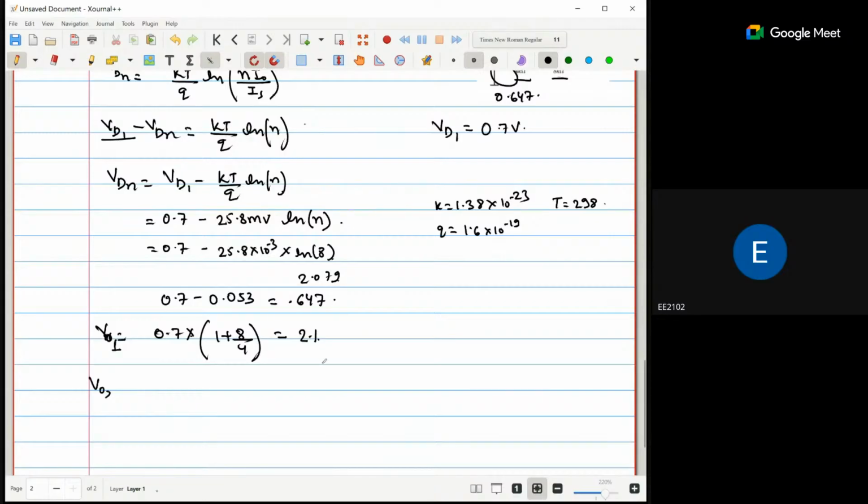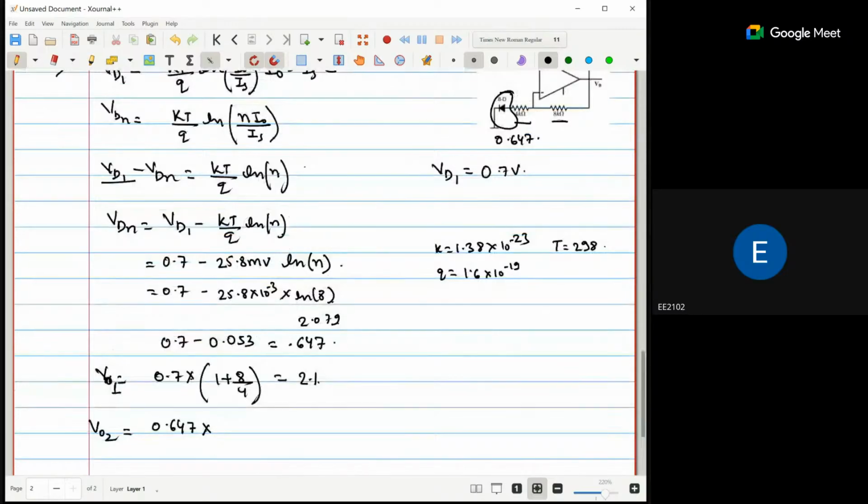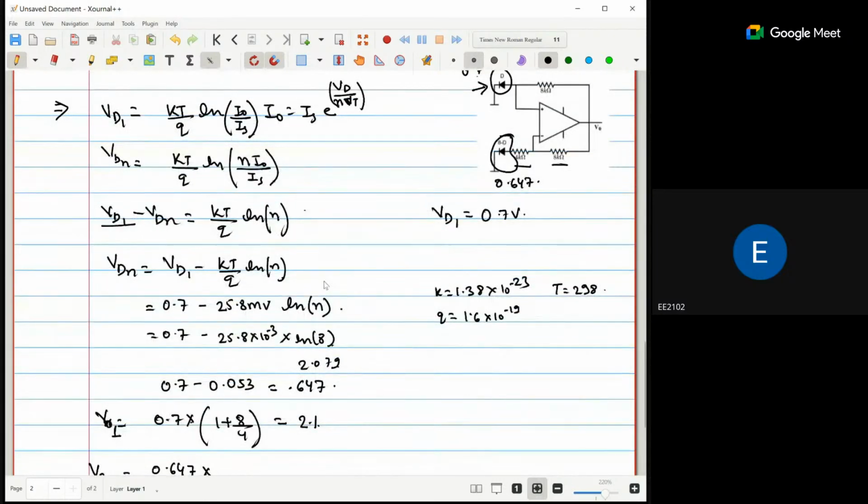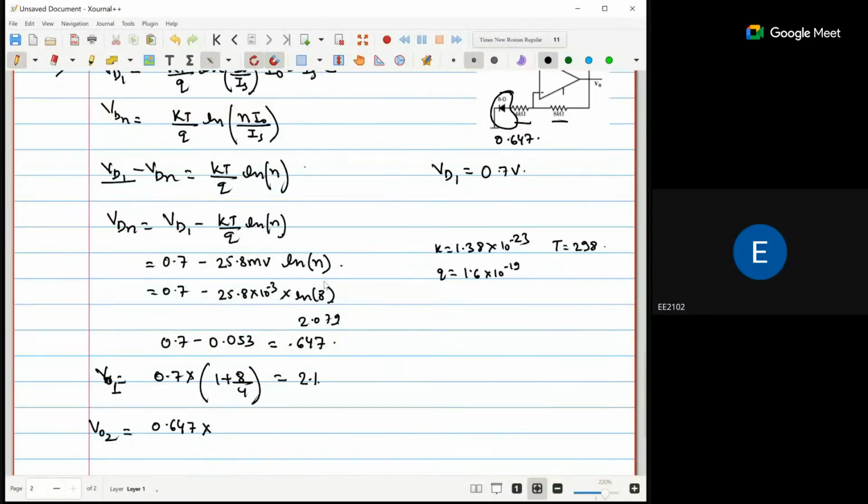Okay, and what is V out two? 0.647 times, again RF by R1, so that is minus RF by R1. So 0.647 times minus 2 by 1.